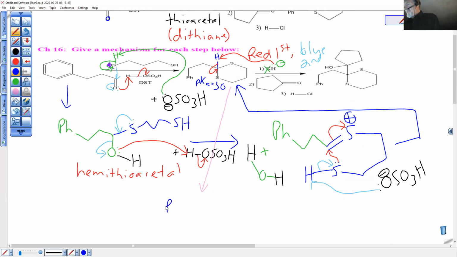Phenyl, CH2, C, lone pair minus, 2 sulfurs, 1, 2, 3. I got that. Nucleophile. It's going to attack a positive carbon in the second step. And what's the most positive carbon?